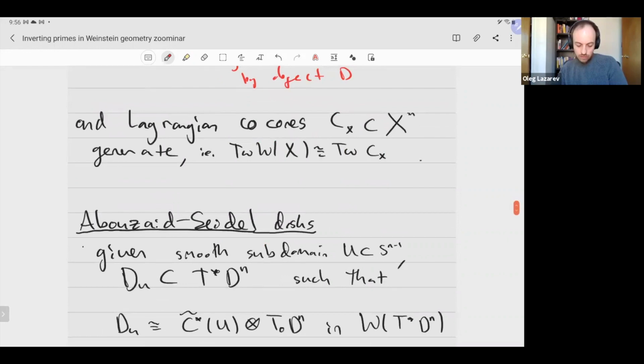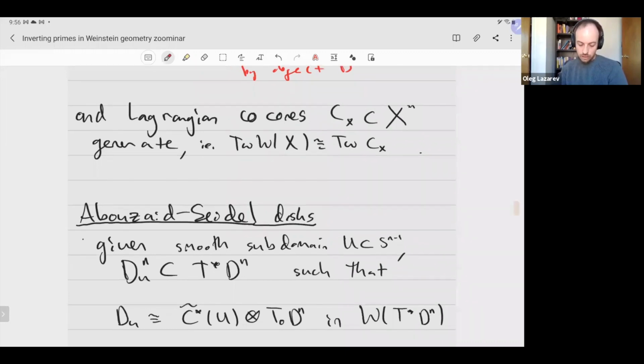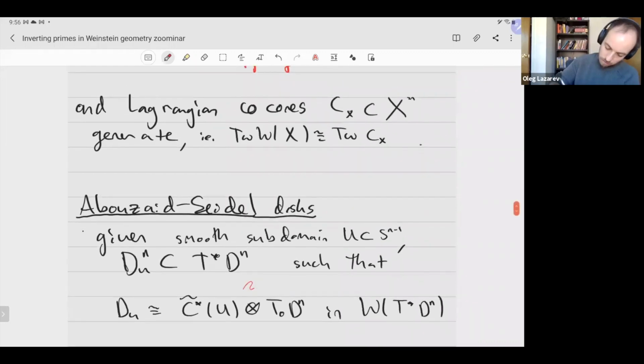So their construction is the following. Given a smooth subdomain U inside an (n-1)-dimensional sphere, they cook up an n-dimensional Lagrangian disk D_U in the cotangent bundle of D^n, such that that disk is isomorphic to the following twisted complex.